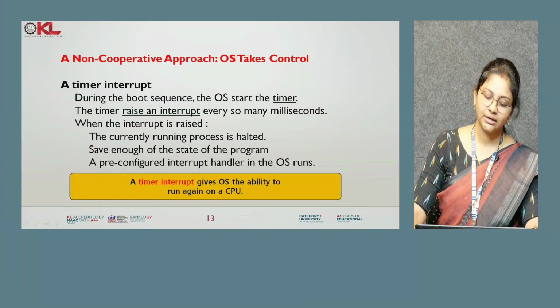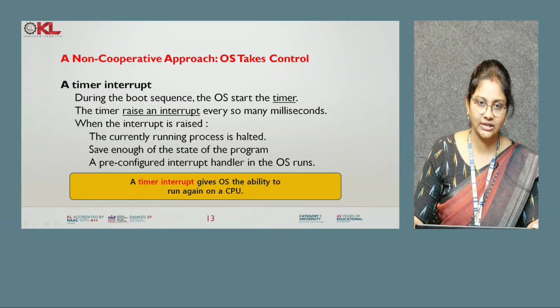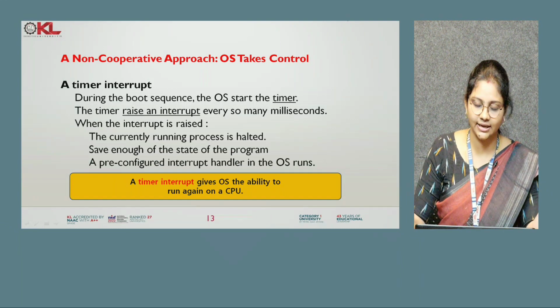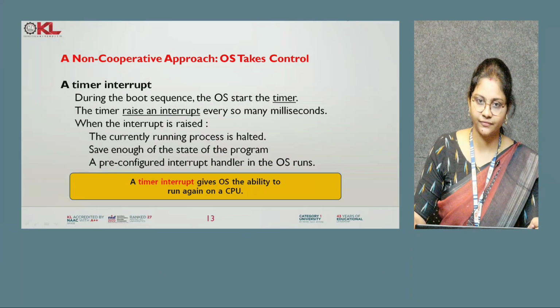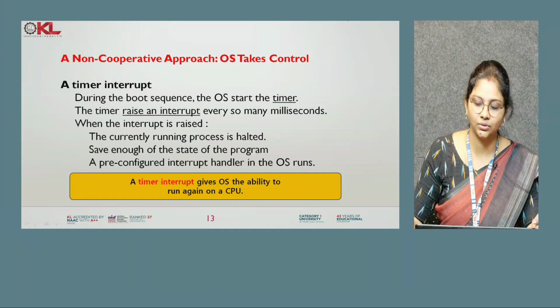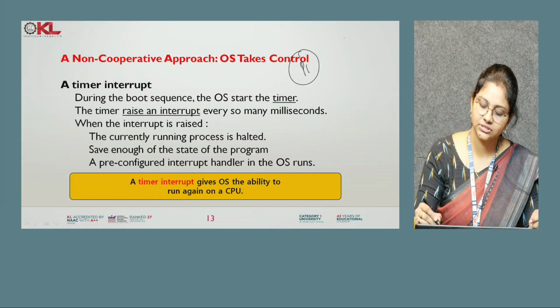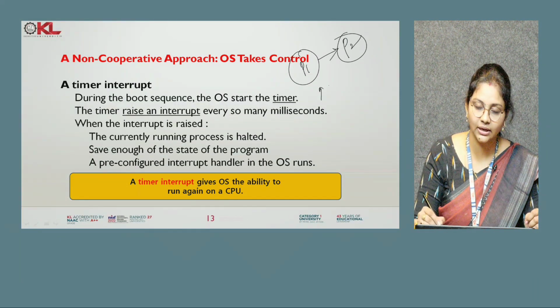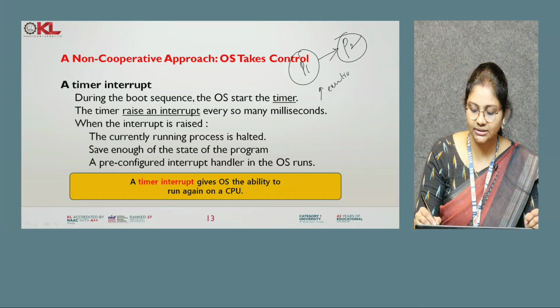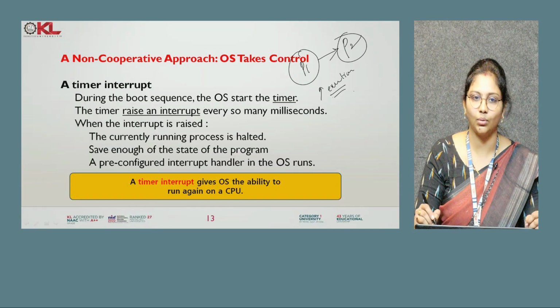As I told you, 10 seconds or 5 seconds or 20 milliseconds of time will be given to a particular process, and once the time is over, forcibly we will move from process 1 to process 2, right? This is a timer interrupt, interrupting the execution of a process, saying that your execution time is over, okay?